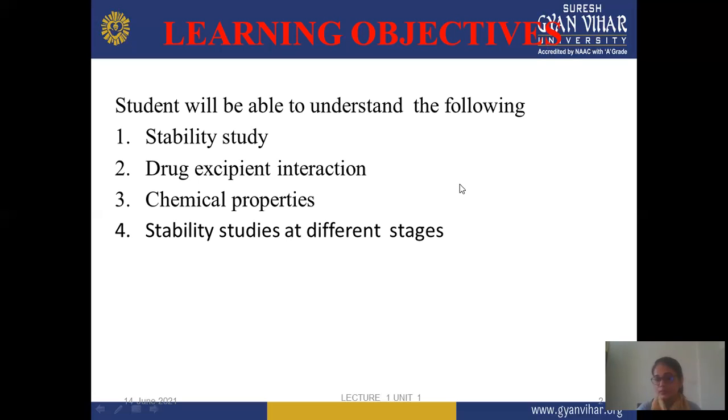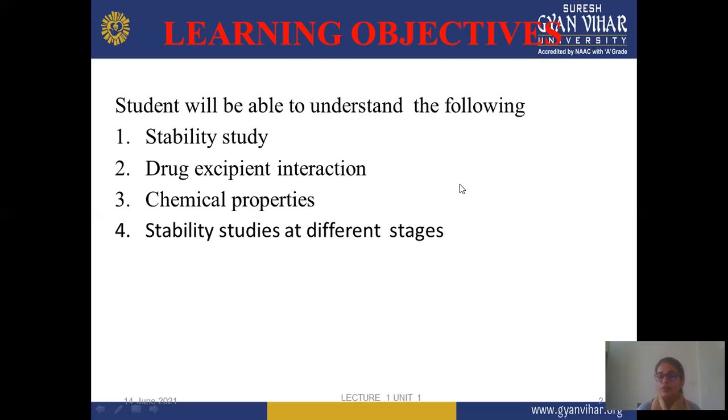If this interaction is observed, there may be chances that a good formulation is not formulated, and certain problems may be observed during storage or administration. So before finalizing your formulation, you should be assured about drug excipient interaction, and drug-drug interaction or excipient-excipient interaction.